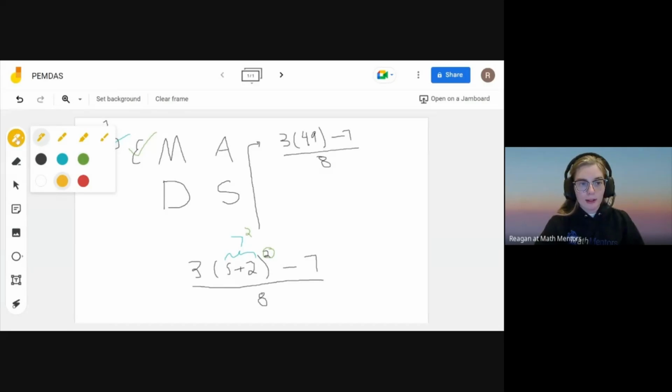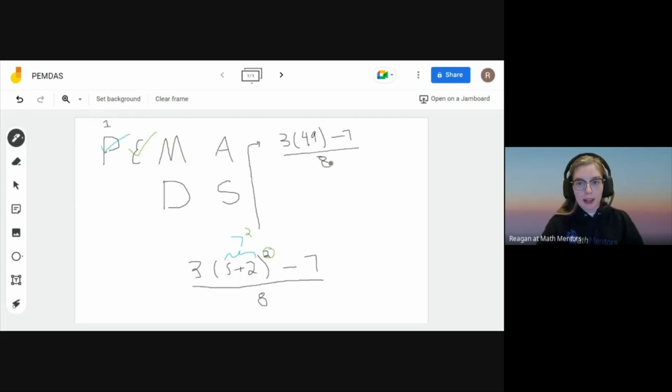Now on to something a little bit more complicated, multiplication and division. As you can tell, we have both multiplication and division in this problem. And there's a big question of which do we do first? Well, in this situation, there is something more going on here, but we just can't quite see it.